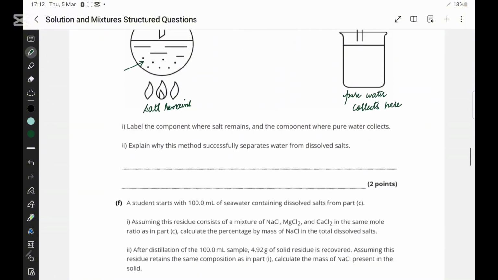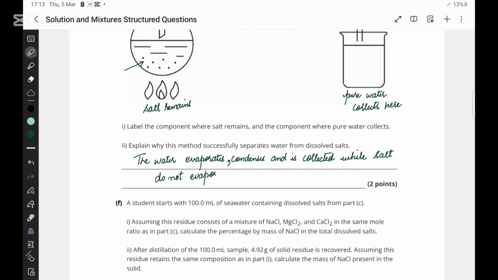Then explain why this method successfully separates water from dissolved salts. So what will happen here is that the water evaporates, and then it condenses and is collected, while salt does not evaporate.